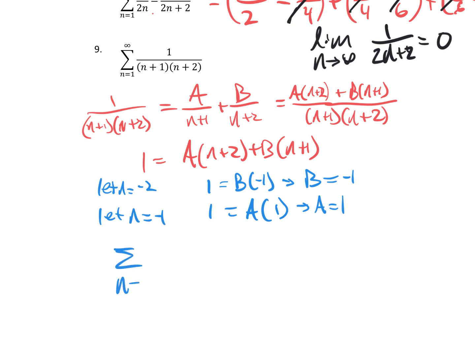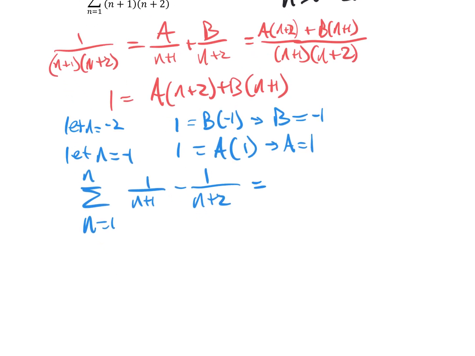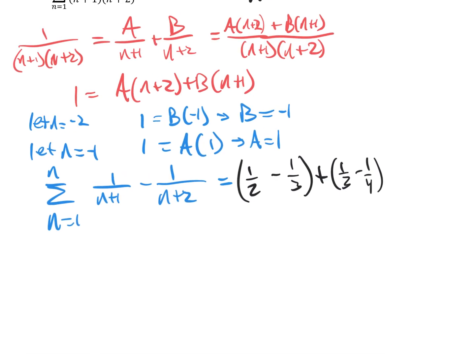So the moral of the story is this. Our series, the sum from n equals 1 to infinity of 1, becomes, plugging in a and b, 1 over n plus 1 minus 1 over n plus 2. You may have suspected that. Again, let's write out a few terms. Plug in 1, we have 1/2 minus 1/3. That's the first term. Plug in 2, we have 1/3 minus 1/4.